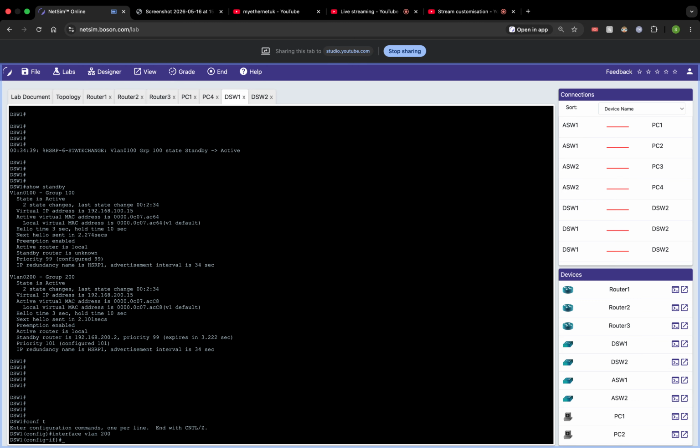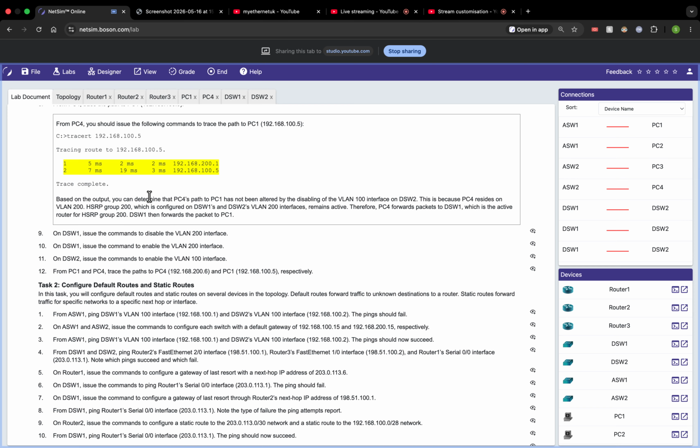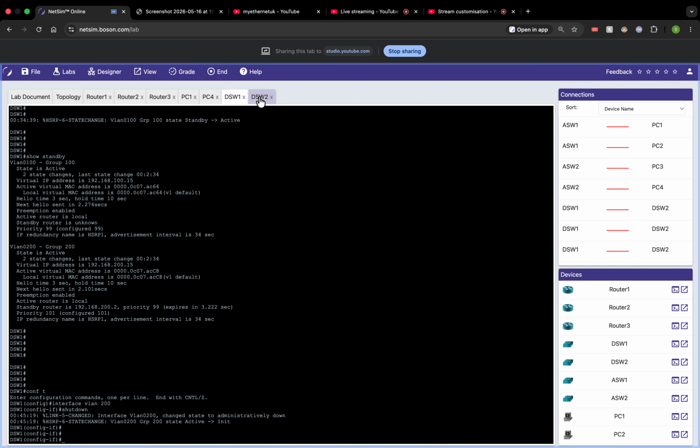For that first command, PC1 now forces packets first to DSW1 instead of DSW2, because DSW1 is the active router for group 100 now. This path has not been altered by disabling the VLAN 100 interface, because PC4 resides on VLAN 200. That group 200 is configured on DSW1's and DSW2's VLAN 200 interfaces and remains active. So nothing really changed for PC4.